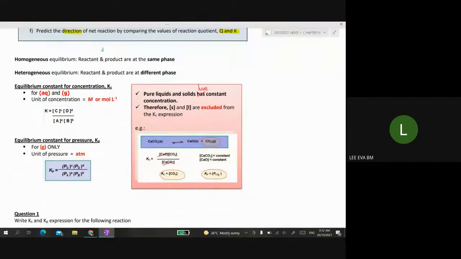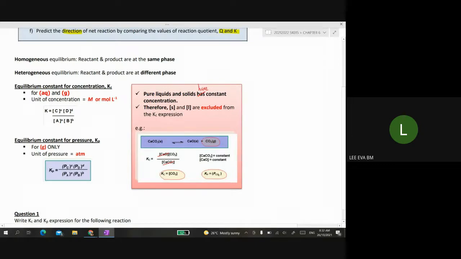Okay, so first of all, definitions of homogeneous and heterogeneous. So homo, if you know about homophone, homocolor, homotone, that means it's only having one type of a thing, a single substance.